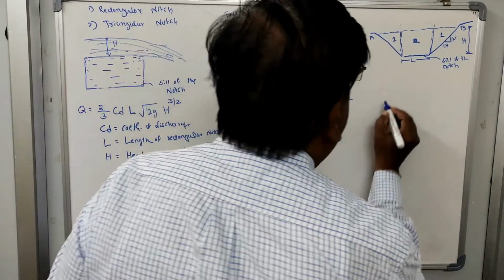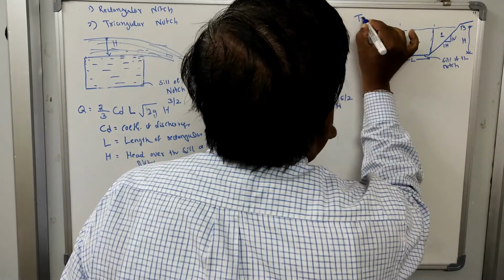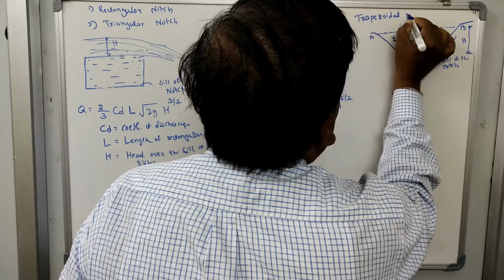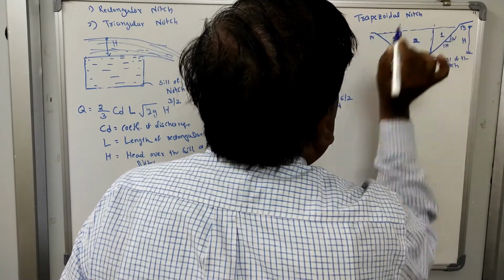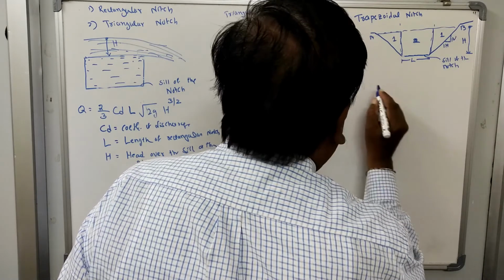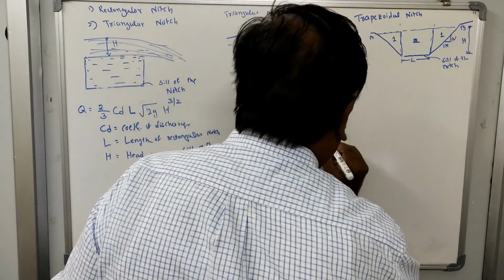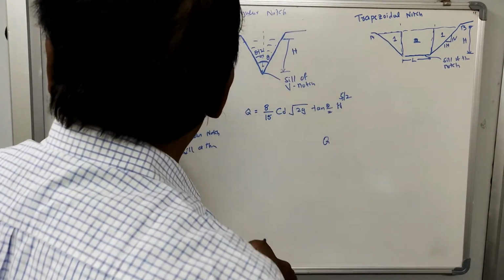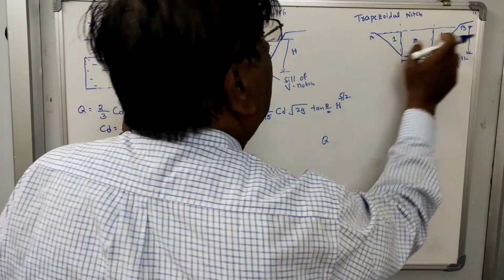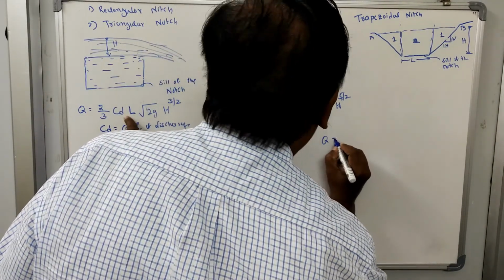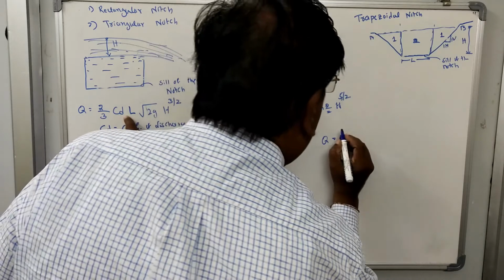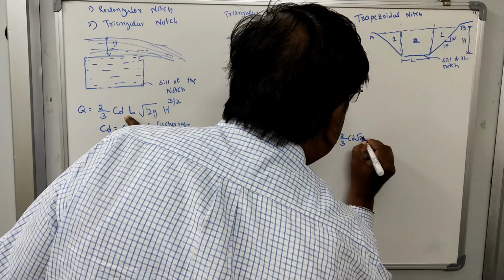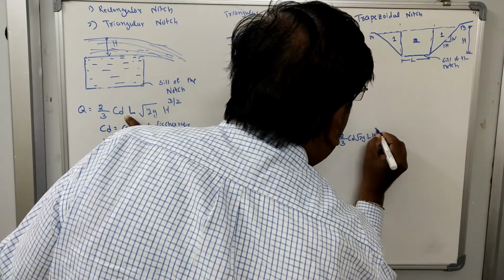Therefore, the discharge equation for the trapezoidal notch, for this cross-sectional area, is Q equal to: for the rectangular portion, 2/3 CD root 2G L H raised to 3/2.